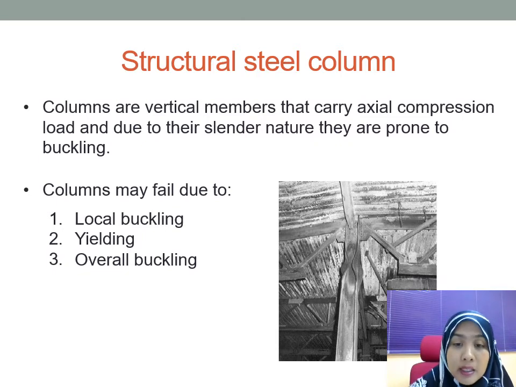For overall buckling, the buckling occurs for the whole section of the column. It may be in-plane buckling or out-of-plane buckling. Failure due to yielding is when the load applied exceeds the maximum capacity of the column.